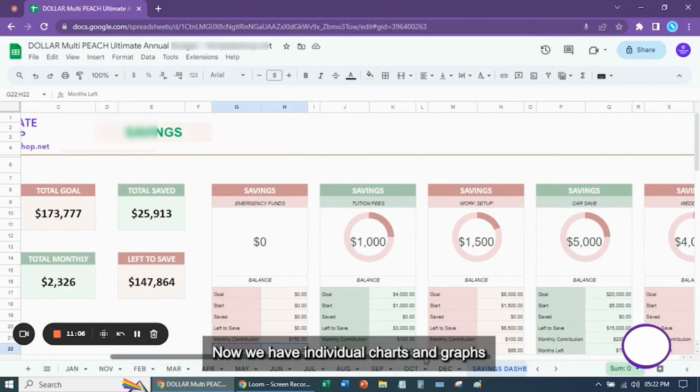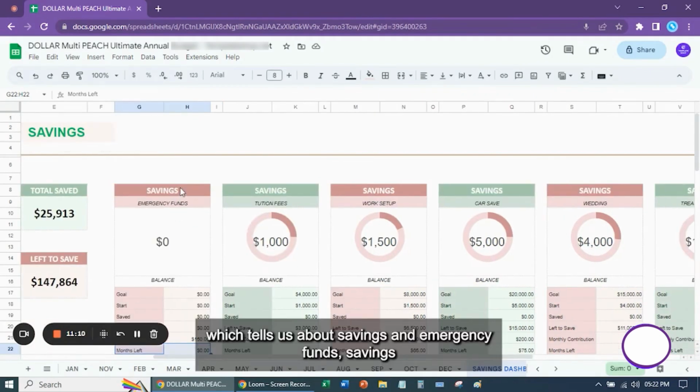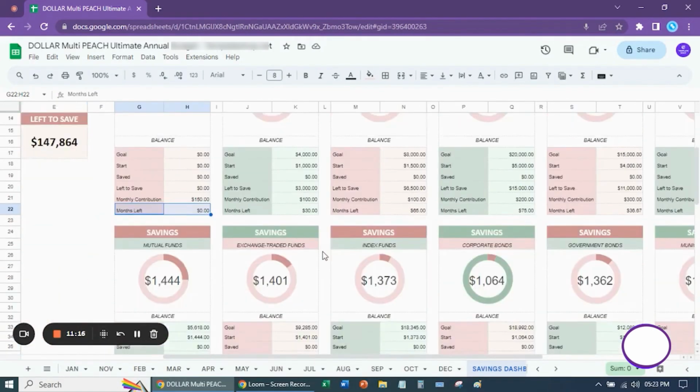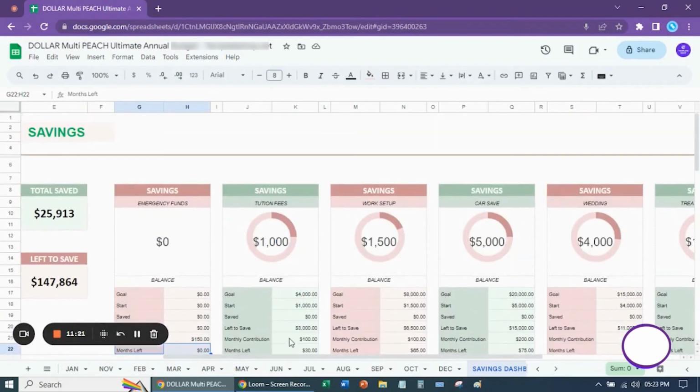Now we have individual charts and graphs which tells us about savings in emergency funds, savings from tuition fees, etc. Right. So all this is about various types of savings.